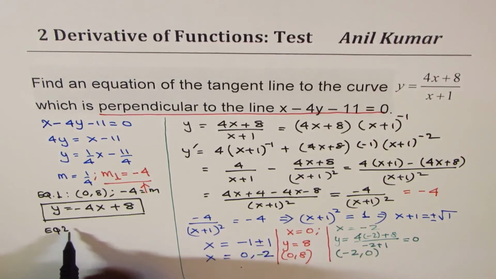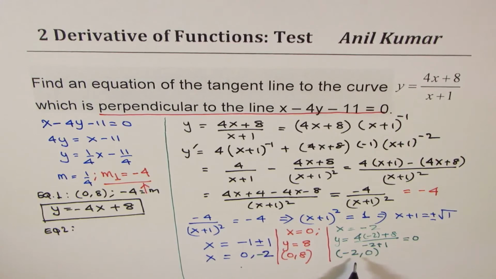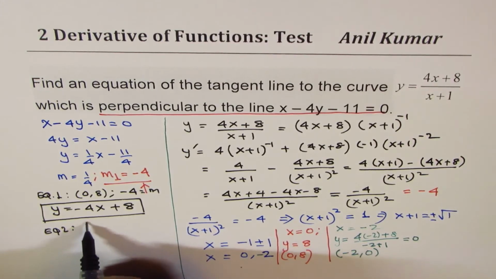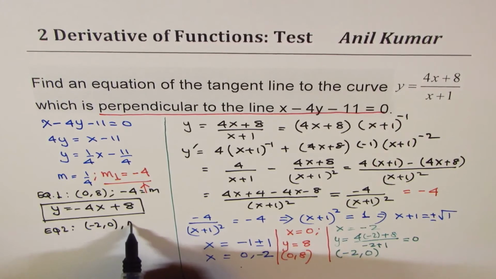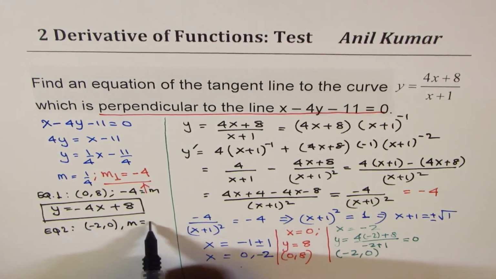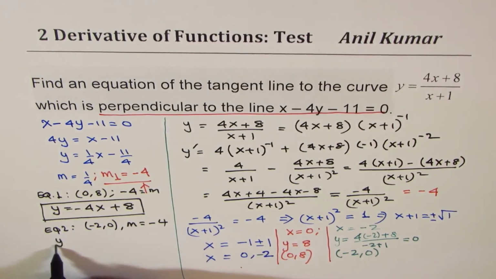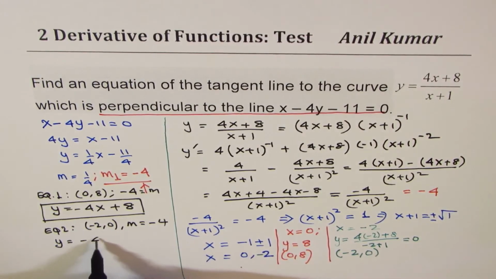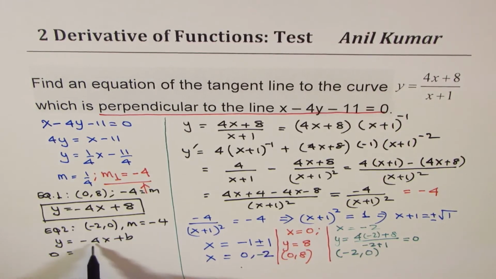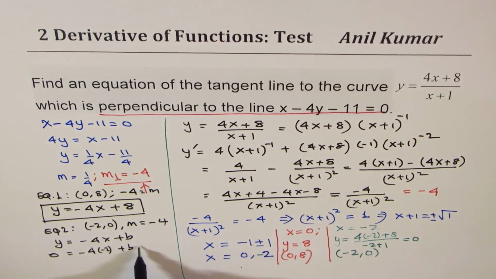For the second line, we'll use the point (minus 2, 0). So we have (minus 2, 0), and the slope is again the same, minus 4, right? So the equation will be y equals minus 4x plus b, substituting 0 for y and minus 2 for x, we get b equal to, taking it to the right side, plus 8, right?